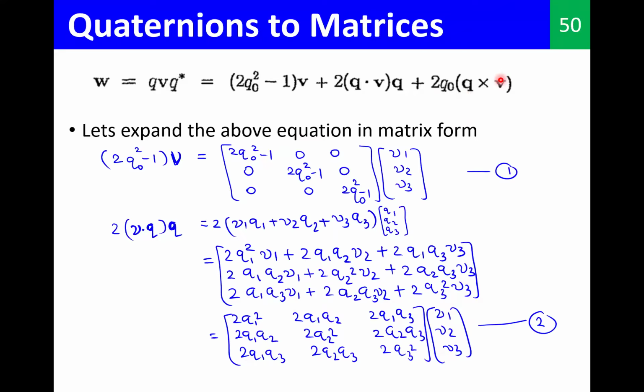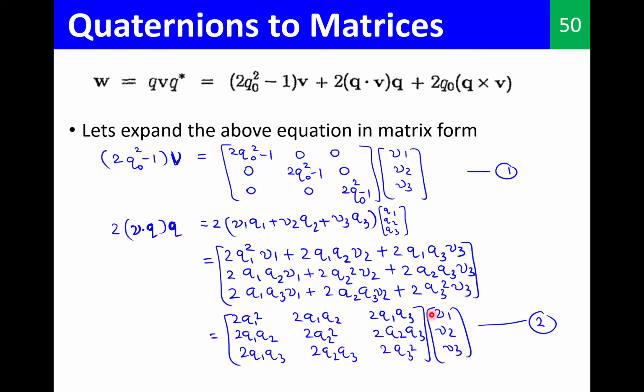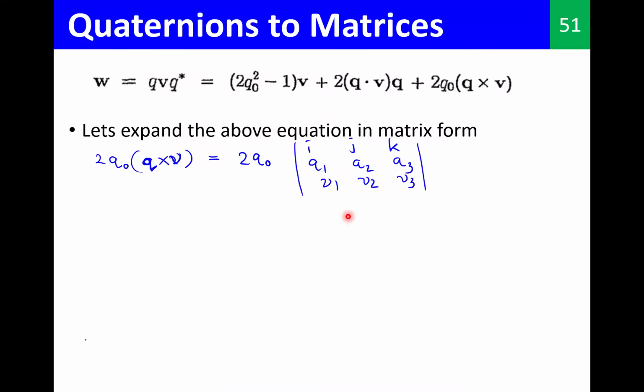Next, if I move on to the third part, I'm going to do the same thing. I will just take this cross product: 2 Q naught, ijk, Q1, Q2, Q3, V1, V2, V3. The ultimate goal is to again have a vector V1, V2, V3 at the back.